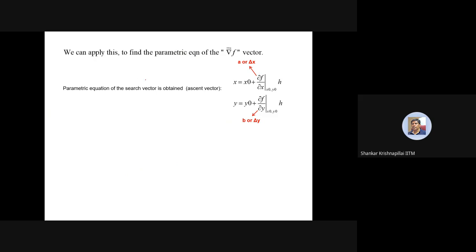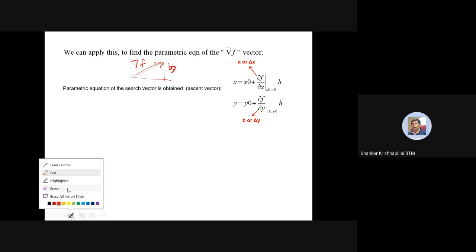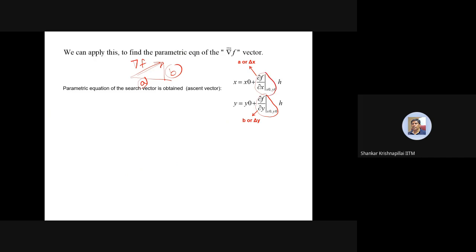We already saw that for this del f vector, this is b and this is a, where the value of b is partial f by partial y at x0, y0, and the value of a is partial f by partial x at x0, y0. So you can directly write the parametric equation like this: del x into h, then del y into h.